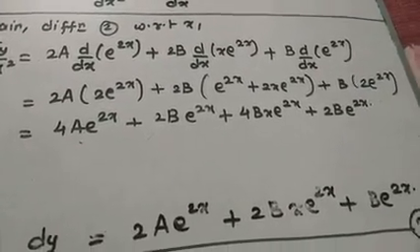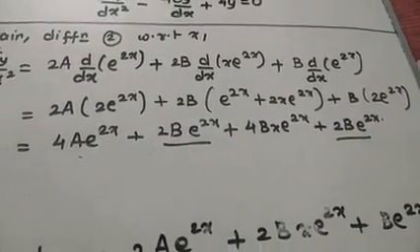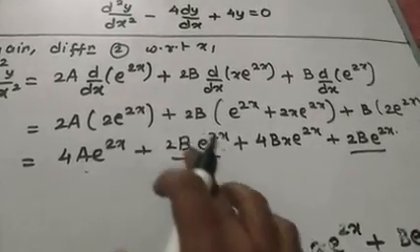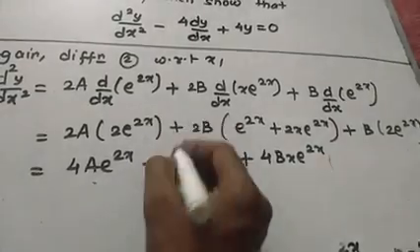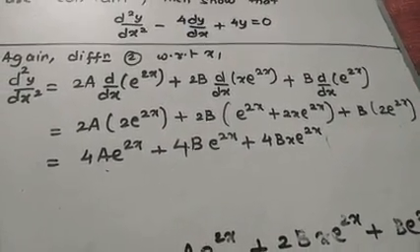Here this term is the same, so we can add them. If we add this, what we get? 2 plus 2, 4. So I'm just directly writing this as 4.